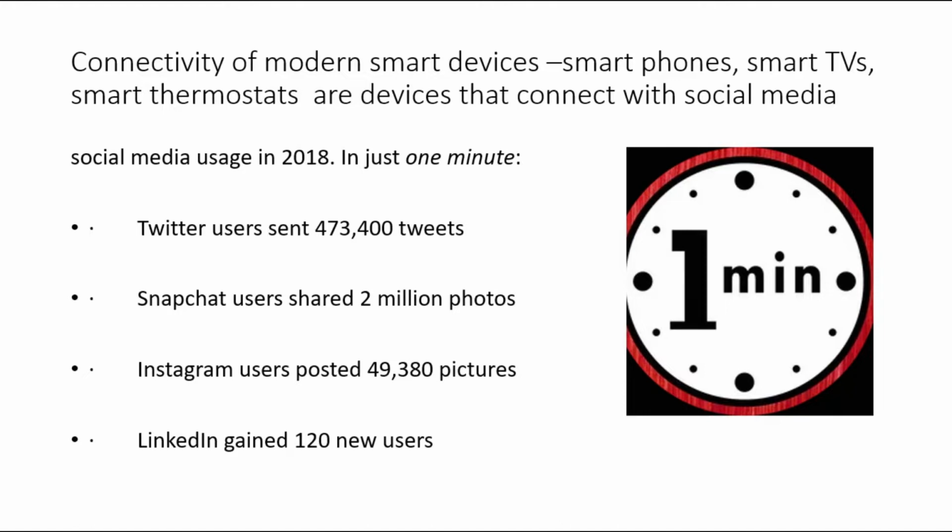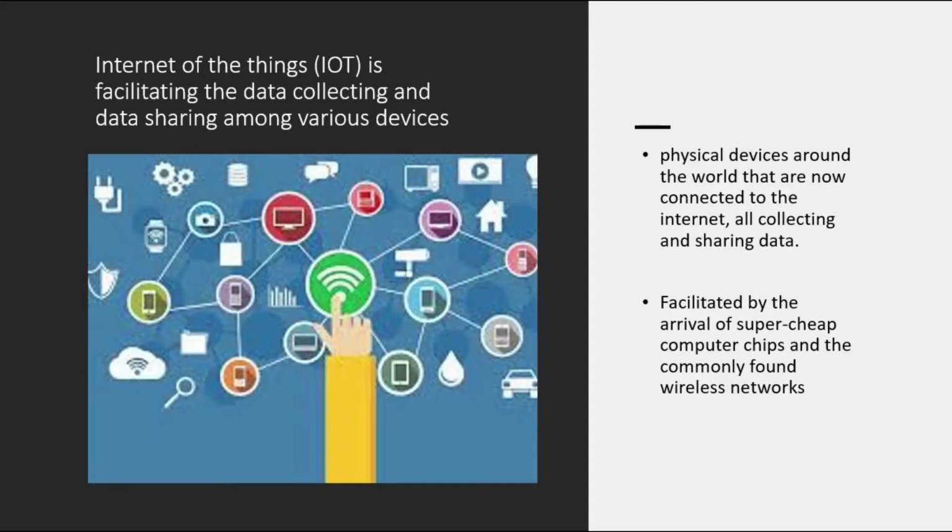Snapchat users shared 2 million photos. Instagram users posted almost 50,000 pictures. LinkedIn gained 120 new users. This is just in 1 minute. So this is the amount of new data, or new memory, that is being produced.